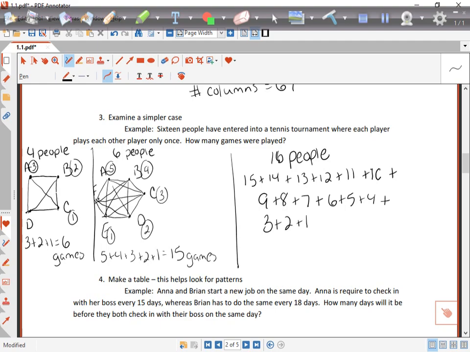Now there's a couple ways you could do this. You could just enter all of that into your calculator, or you could use Gauss's method that we used in the previous type problem. But either way, you'll get 120 games.